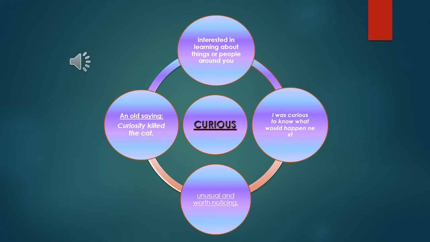If you pay attention to the following word, I'm pretty sure you will recognize it and you will know everything about its meaning. But I'm interested in an old saying, curiosity killed the cat. Would you please let me know how you understand its meaning?